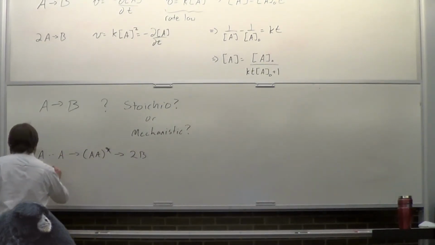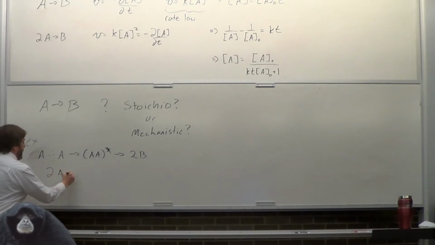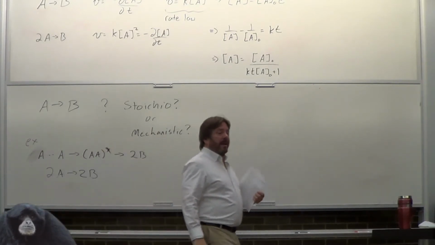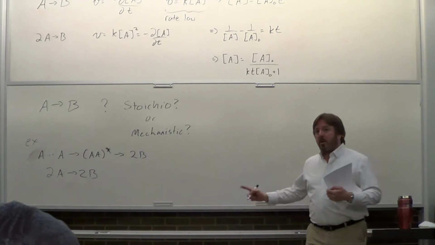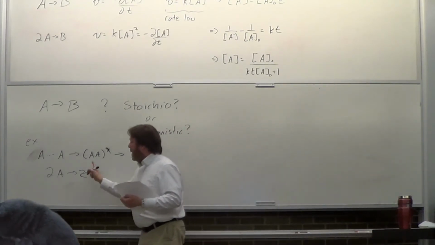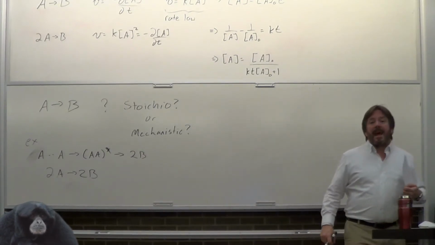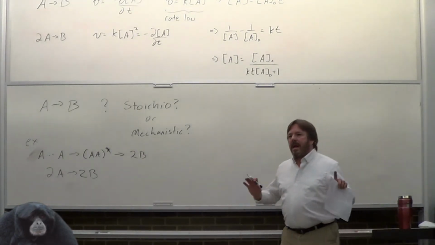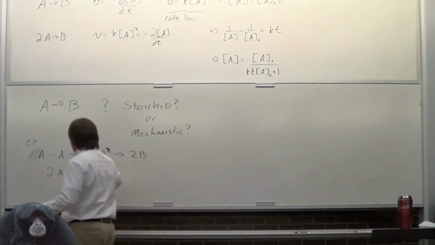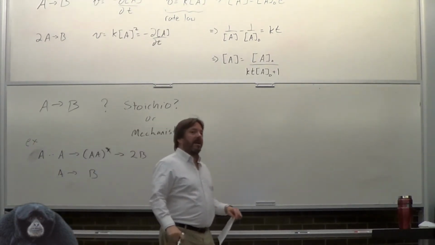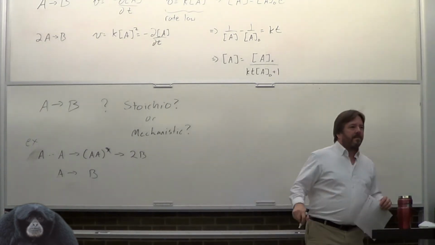So if I wanted to write stoichiometric and mechanistic, then I would do this. Now that would be both, because it tells you that two A's have to come together to form a product. And that allows me to write the correct rate law. It's just that in a textbook, you're going to get that, which now is only stoichiometric and not mechanistic. So the bottom one then was just stoichiometric.